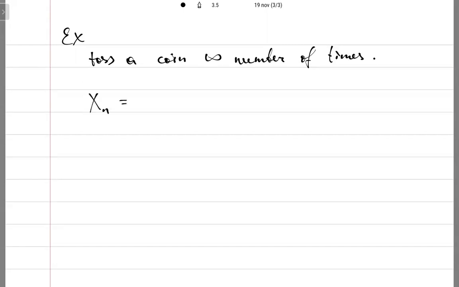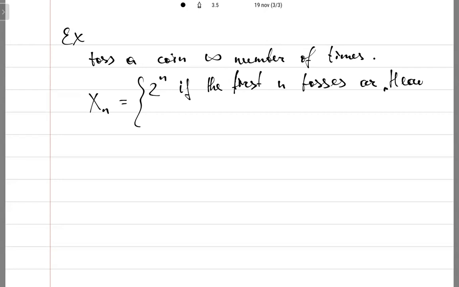X_n is equal to 2 to the power n if the first n tosses are heads, and 0 otherwise.